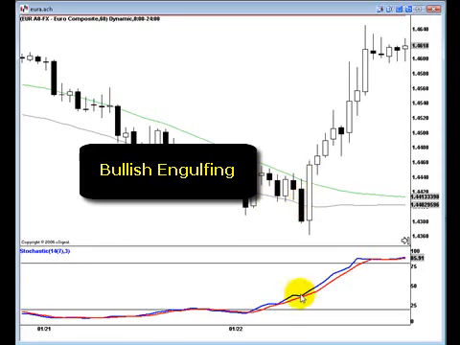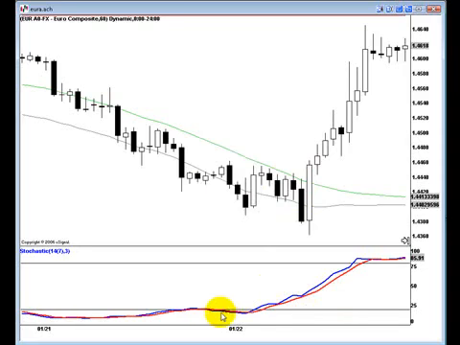The stochastic isn't quite oversold, but what we have here is stochastic divergence. Now that's something I want to talk about perhaps in later videos. But what divergence means is you can see the price is moving downwards, and we're making new lows on the price all the time down here, but the stochastic is moving upwards from an oversold condition.